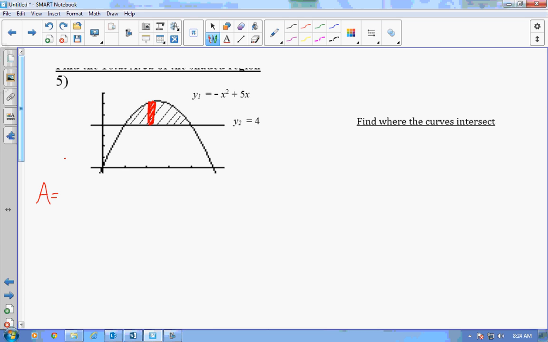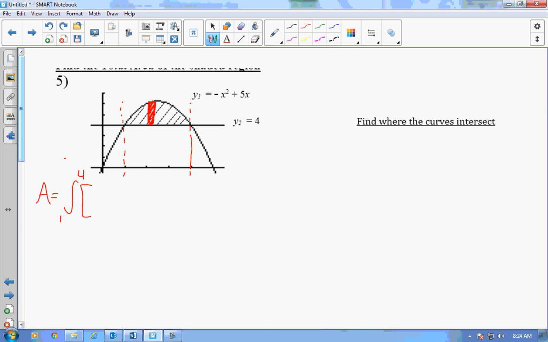How many sections do we have? Shaded area, how many shaded sections? Only one actually. From what's our lower limit to our upper limit? 1 to 4. Top minus bottom.